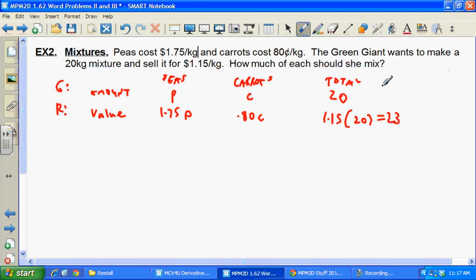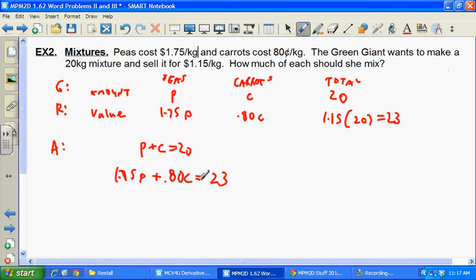And out of this, I should be able to get my two equations. Notice the amount has to add up to 20, and the value has to add up to 23.